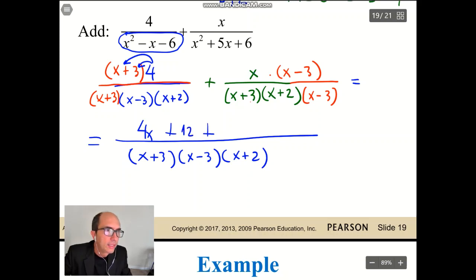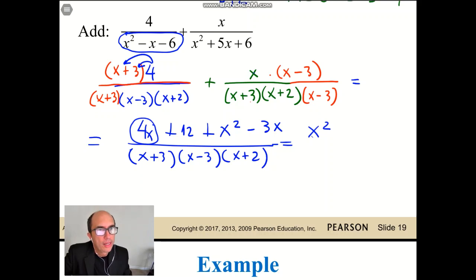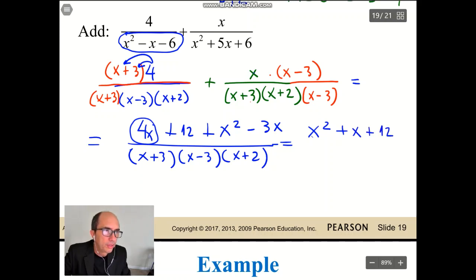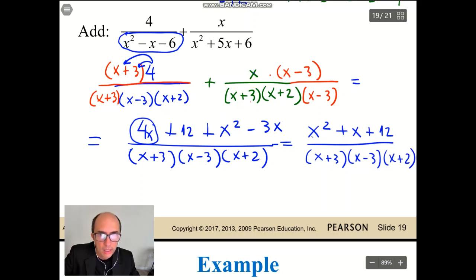Plus x times x, x squared, and x times negative 3, negative 3x. Combine like terms, 4x minus 3x plus x and plus 12 over x plus 3, x minus 3, x plus 2.